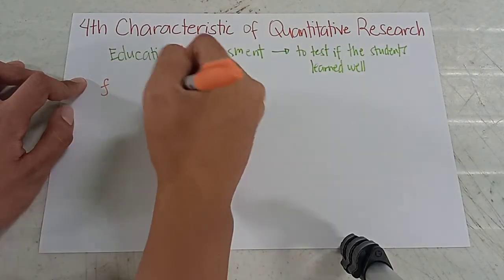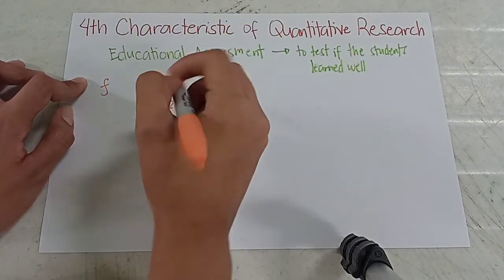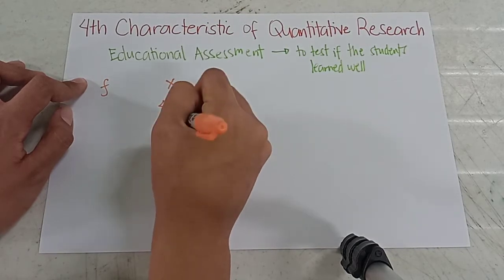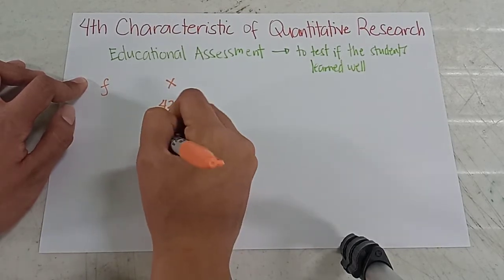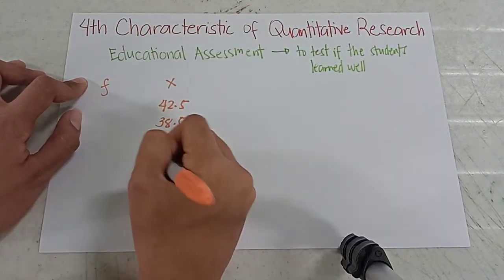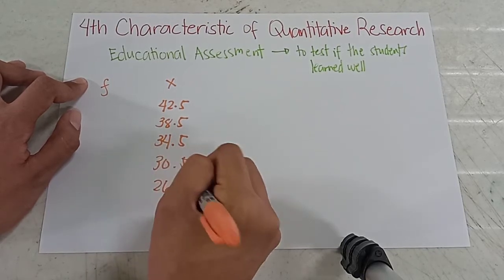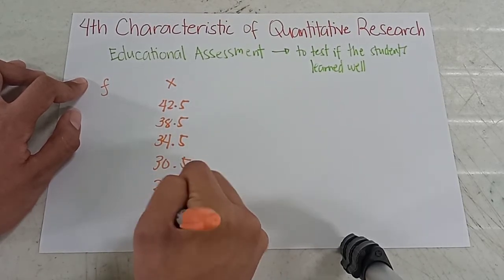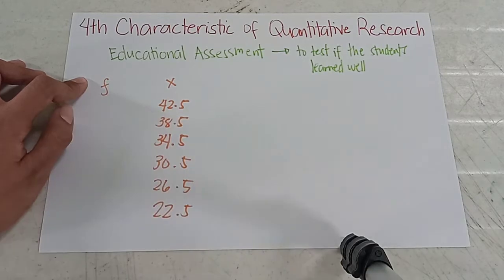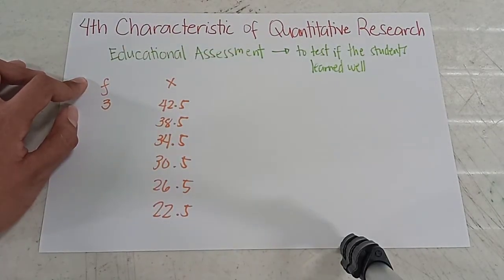Let's say we have a score of 42.5, then a score of 38.5, then 34.5, then 30.5, 26.5, and 22.5.